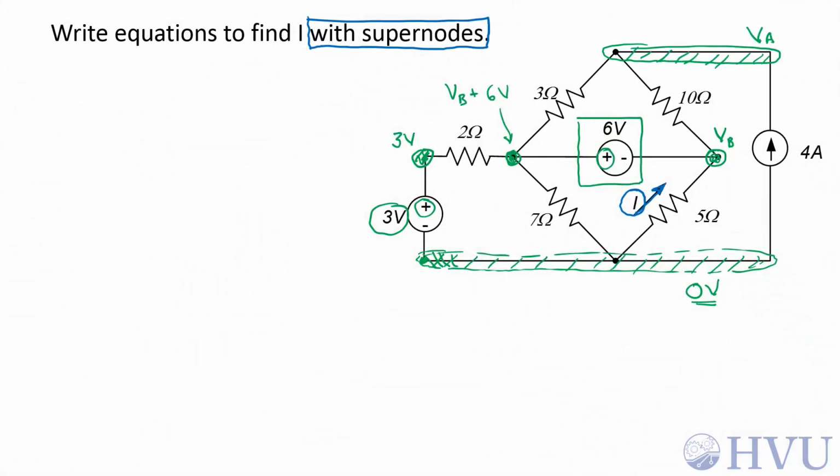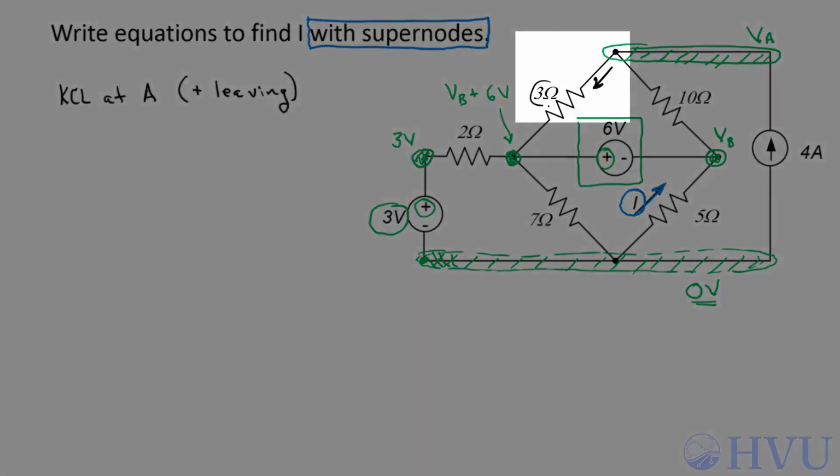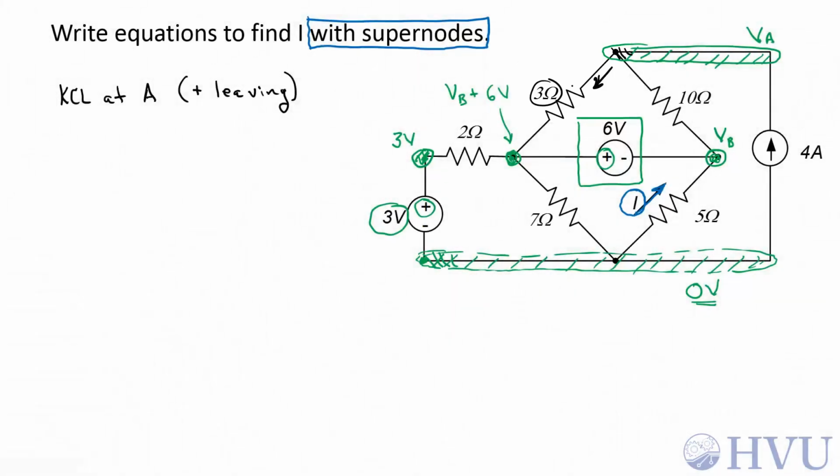Now I'm going to do KCL at my independent nodes. So at node A, I'll always assume that positive currents are leaving. This current through the 3 ohm resistor going positive out of node A assumes this voltage polarity. So this current is V sub A minus V sub B plus 6 over 3 ohms.